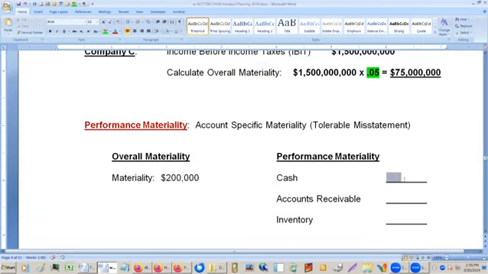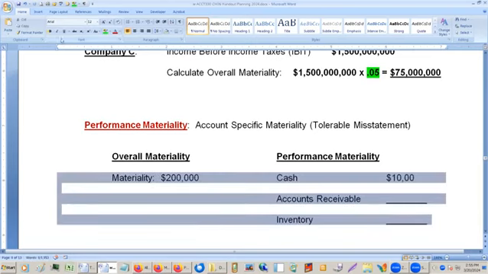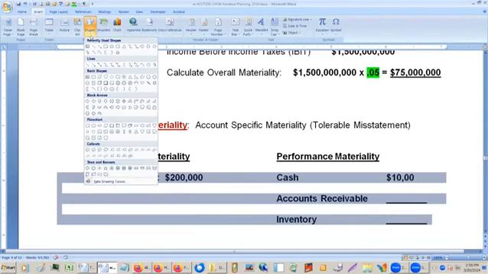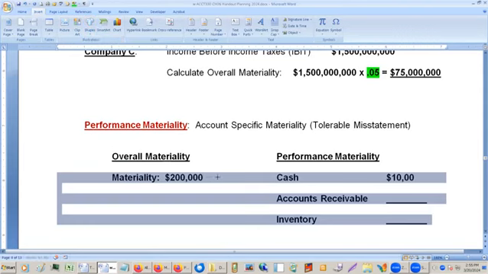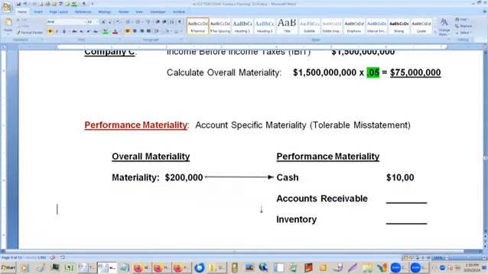Cash is kind of an important account, so let's say we're going to make sure that it's within 10,000. Oops, I left off a 0. So maybe of that 200,000, 10,000 goes to cash.